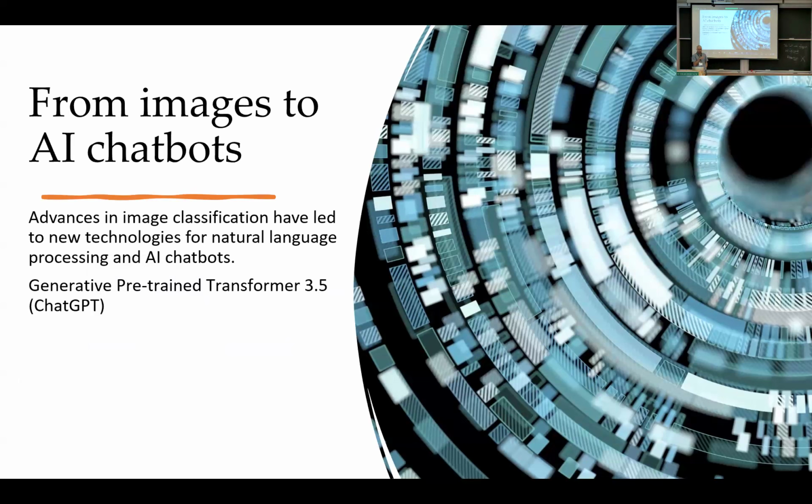So I started with image classification. Now we're talking about language. This seems somewhat unnatural, but actually there was a very important connection between them.